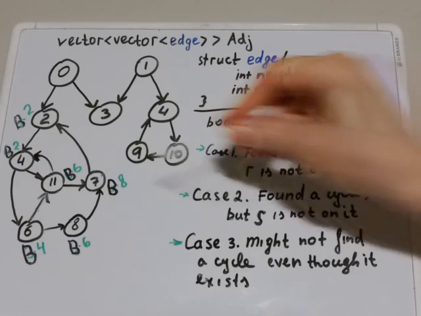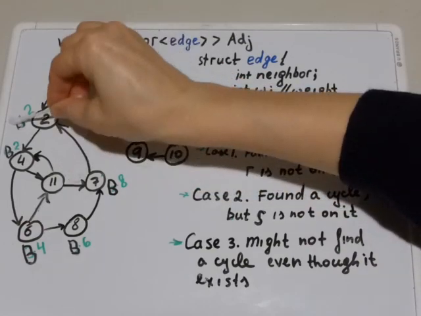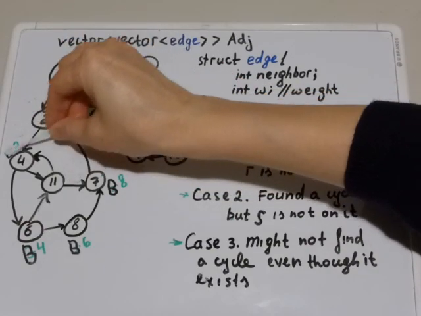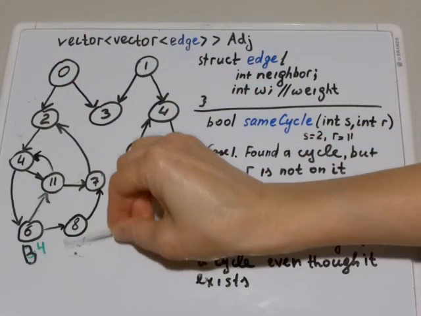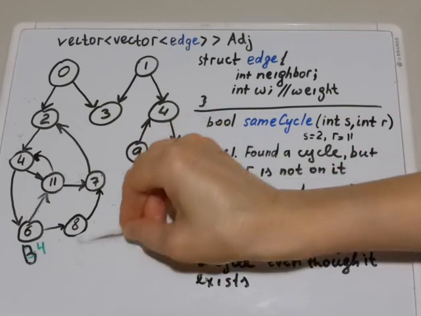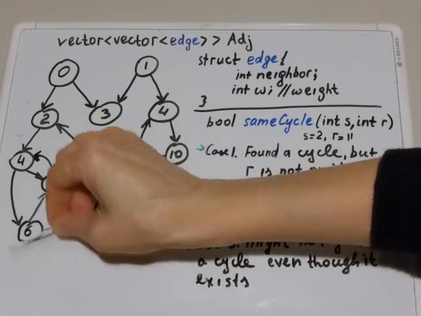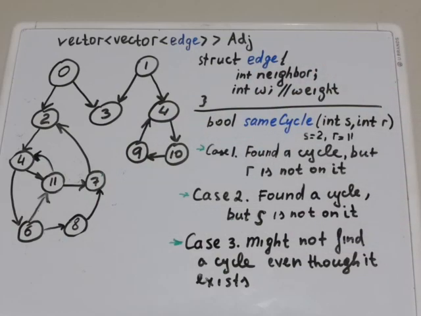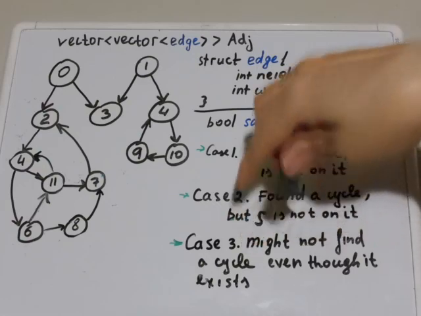Let me erase all my colors for each vertex while I was visiting DFS visit. And now what I'm going to do is I'm going to run BFS on S. Instead of running DFS visit on S, it was a seemingly great idea, but it doesn't work on all cases.